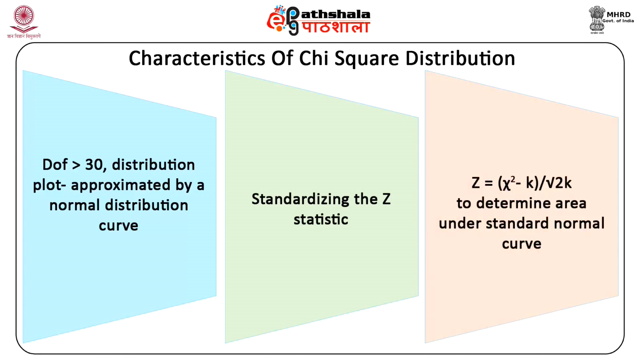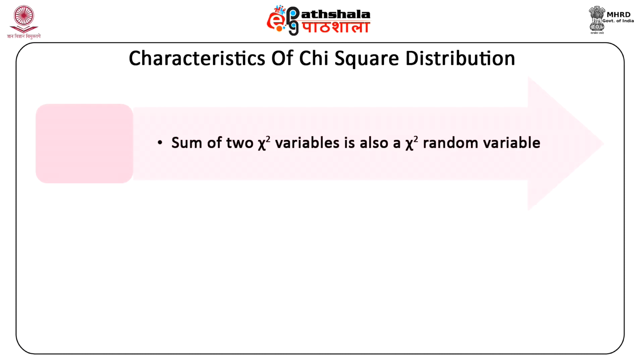Hence, z is equal to chi-square minus k upon root 2k, which is calculated to determine the area under the standard curve to find the probability of the z value. And thirdly, the sum of two chi-square variables with n1 and n2 degrees of freedom is also a chi-square random variable with n1 plus n2 degrees of freedom.